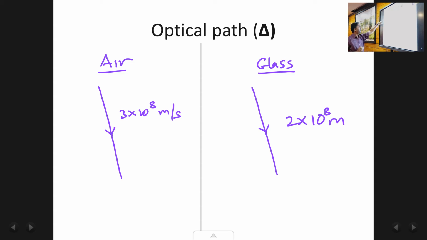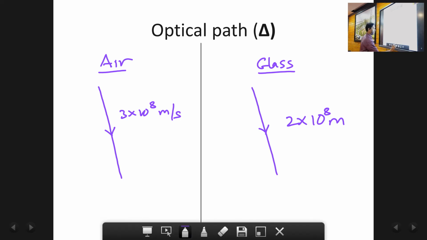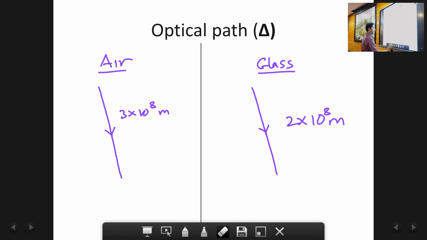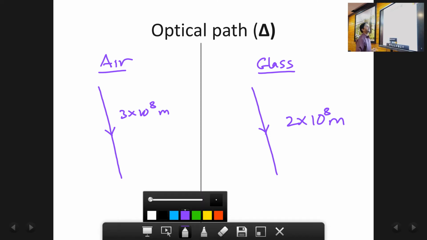Now, in air, light travels a distance of 3 into 10 raised to 8 meters, whereas in glass, light travels a distance of 2 into 10 raised to 8 meters. Here you see it is less. So how do we compensate for this lesser distance traveled by light in glass?